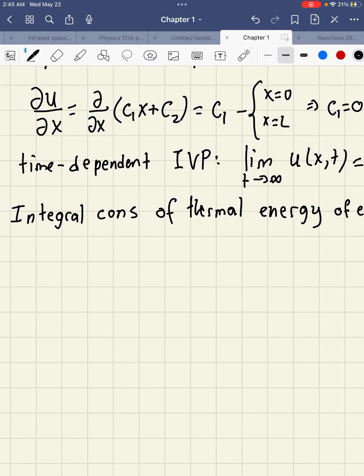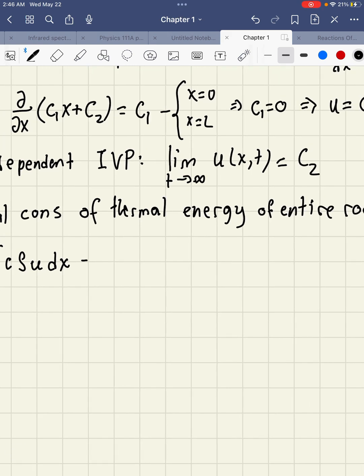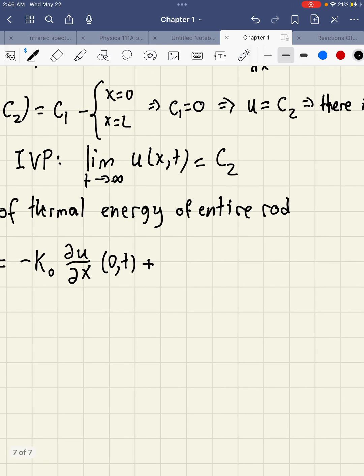if I write d dt of the integral from 0 to L of u dx, which is equal to negative k0 partial u partial x at (0, t) plus k0 partial u partial x at (L, t).